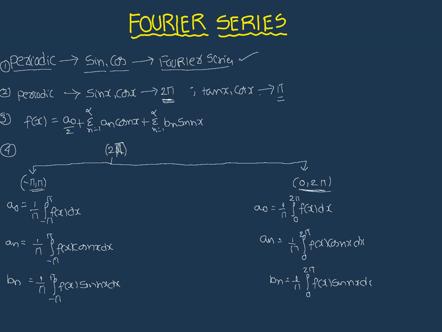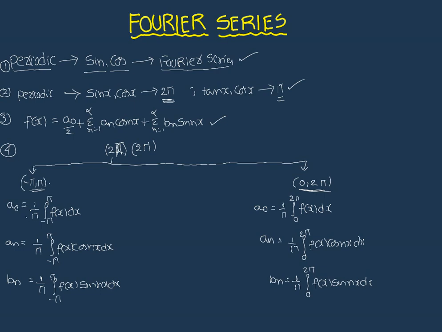So what we have discussed first is the Fourier series: any periodic function in terms of sine and cosine terms is called a Fourier series. We also discussed what a periodic function is, with examples. This is the Fourier series representation. If you consider the period 2 pi, minus pi to pi has the period 2 pi, and 0 to 2 pi also has the period 2 pi.